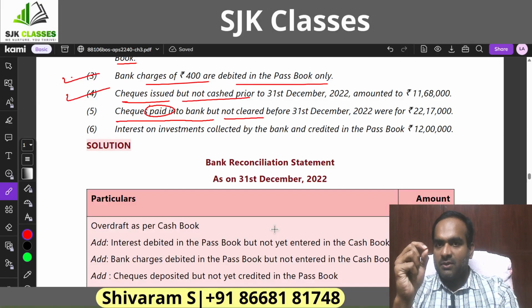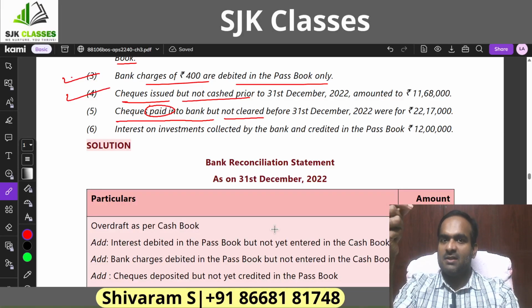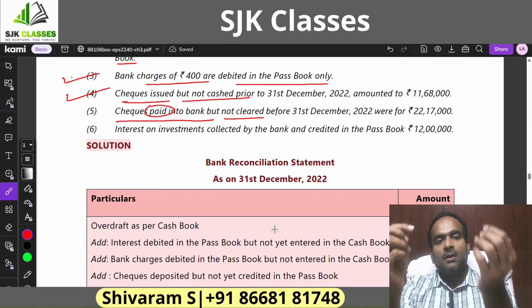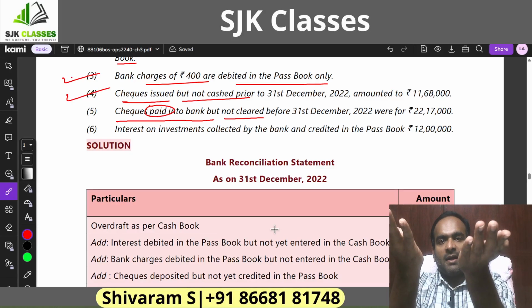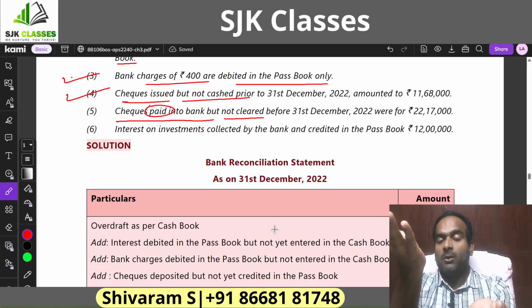What is the value? The value is minus 80. The negative balance comes down, no? The same concept. So my opening balance is negative. On this negative balance, since the impact is there in the cash book, my left hand will go down here. And what about the right hand? There is no impact on my right hand. Passbook stays the same. So for the transaction, the movement is over.